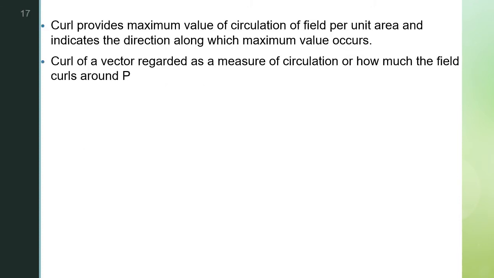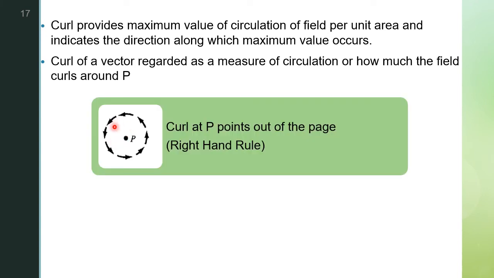So the curl provides the maximum value of circulation of a field per unit area, and it is in the direction along which the maximum occurs. It will give us the amount of circulation about a particular point. Now when you consider this figure, here we are having a vector field around the point P. That means it is having a particular value of curl, and according to the right hand rule, the curl will be pointed out of the page.